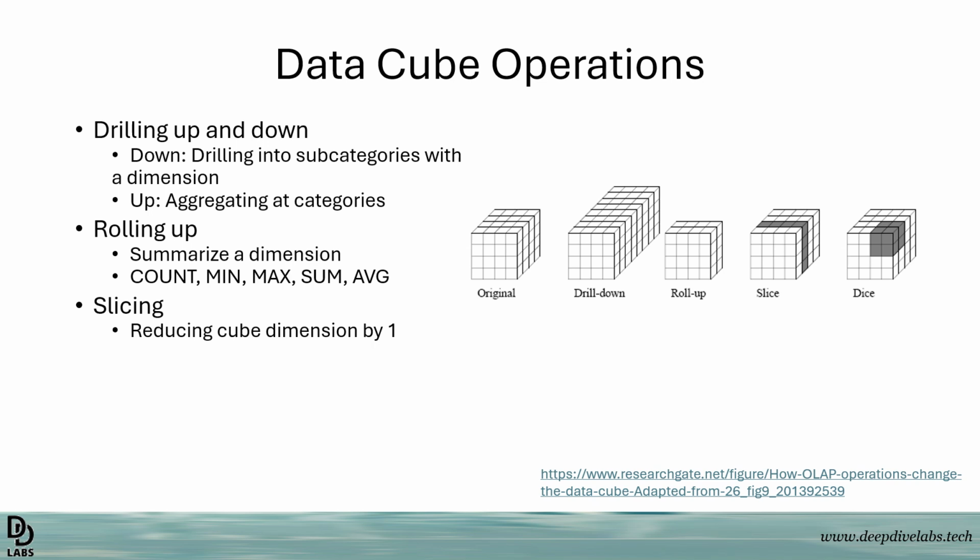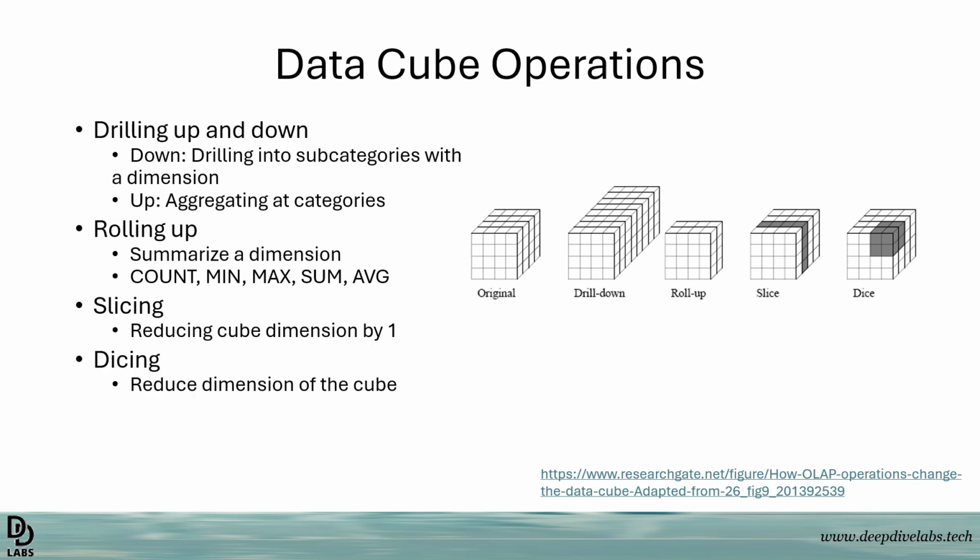Then you have slicing. As you can see in the physical example, the illustration shown, you're slicing the cube like slicing a cake, right? So you're reducing your cube dimension by 1 essentially. You're just taking a slice of your data cube to look at it further down.